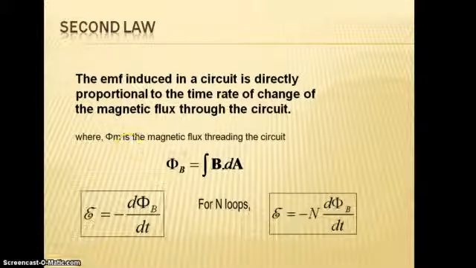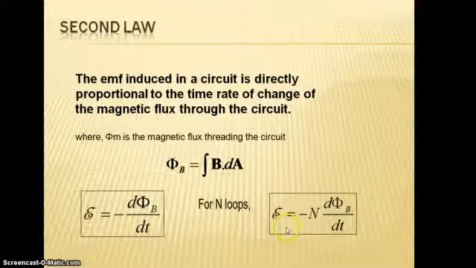Where phi m is the magnetic flux, phi can be given by the integral of B dot dA, where B is the magnetic flux density. So the expression becomes E equal to minus d phi by dt. Here d phi by dt represents the change in flux. For n loops, E is equal to minus n d phi by dt.